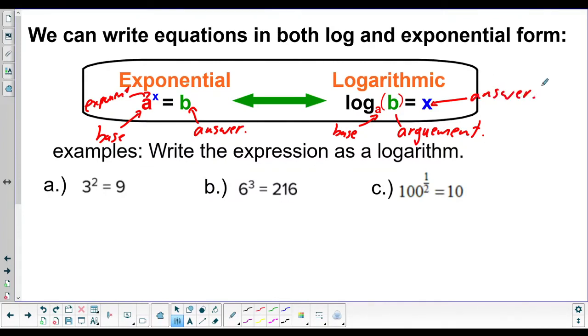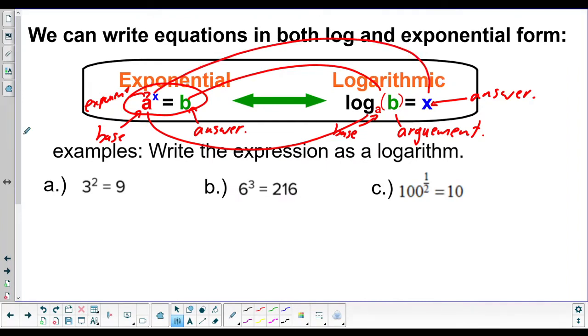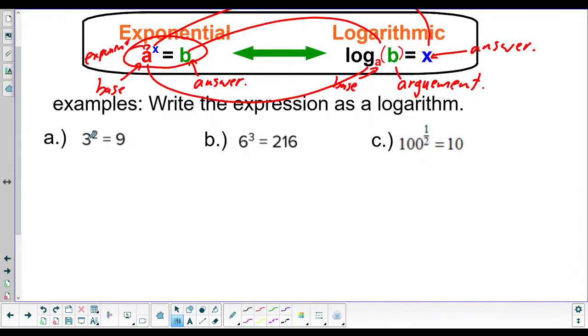Okay. So what we're going to do is look at this and then move all the pieces into the correct spots and rewrite it as a logarithm. So if we look at 3 squared equals 9, you're going to write log every single time. That's just the math operation.